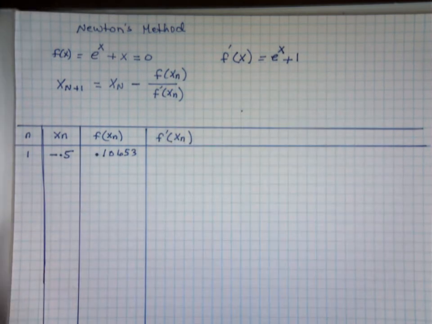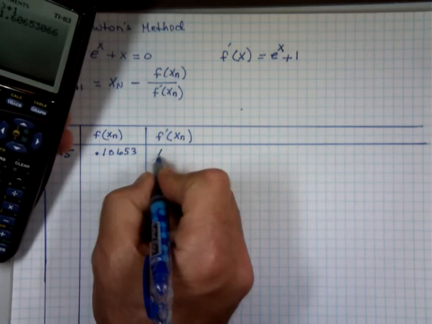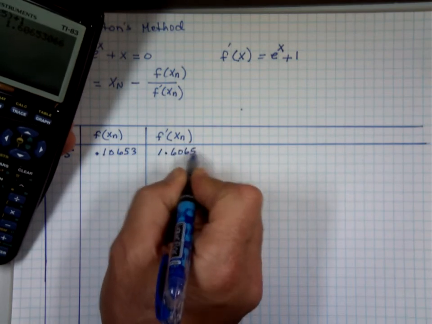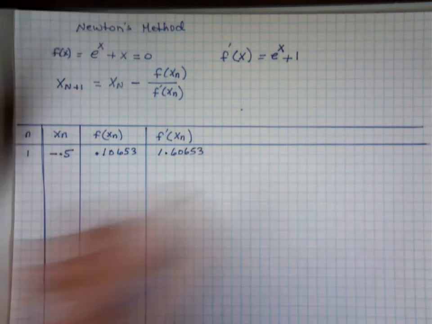So here we go. e to the negative 0.5 plus 1. It's 1.60653. That's plenty. I'm not going to carry all these digits.